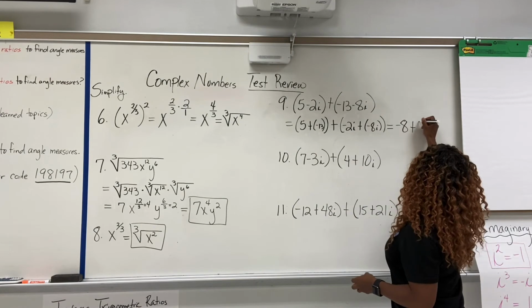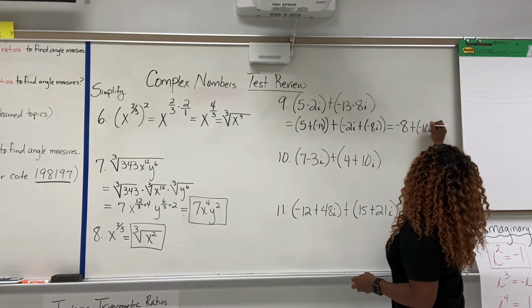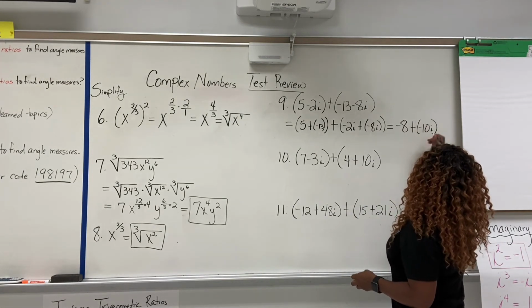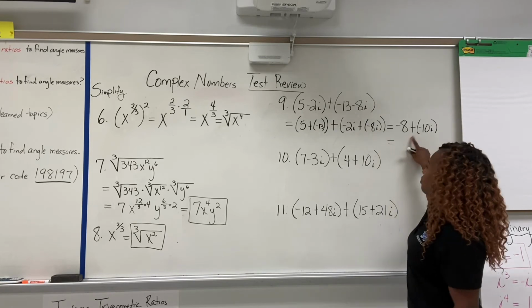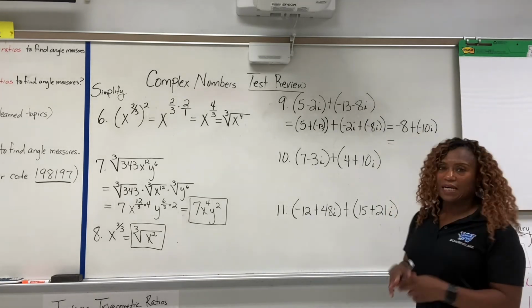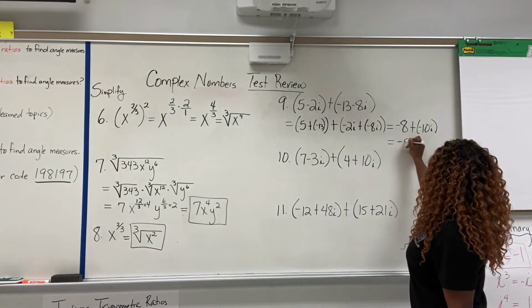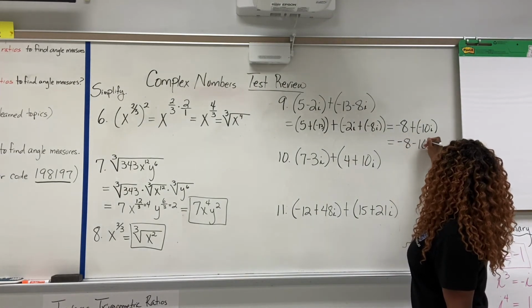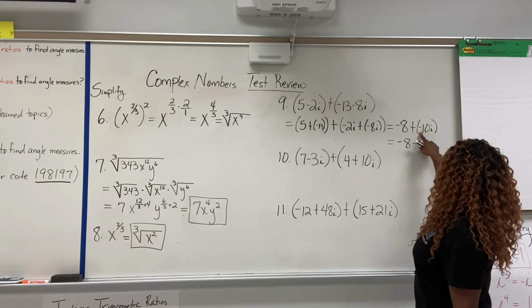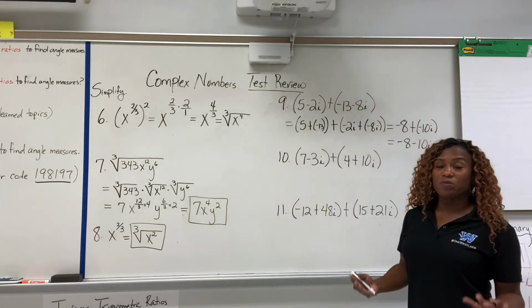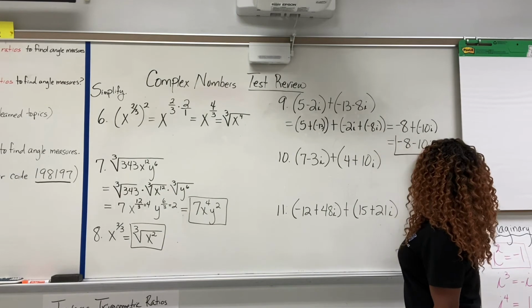That gives me a total of negative 10i. And so that I don't have a plus and a minus sitting side by side confusing me, I'm gonna go ahead and just write this as negative 8 minus 10i. Because a positive times a negative becomes a negative. So my final answer will look like this.